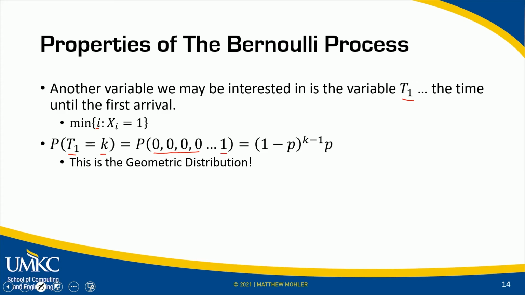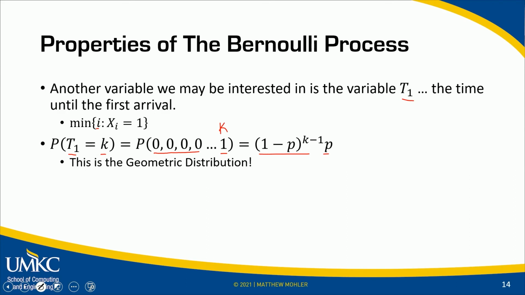So it's the sequence 0, 0, 0, 0, all the way up until you get to a 1, where the 1 is in the kth time slot. The probability of this is really just 1 minus p to the k minus 1, so I need that many zeros, multiplied by p. We don't have to worry about n choose k because there's only one specific pattern we care about where this could occur, and that is all zeros and then a 1.